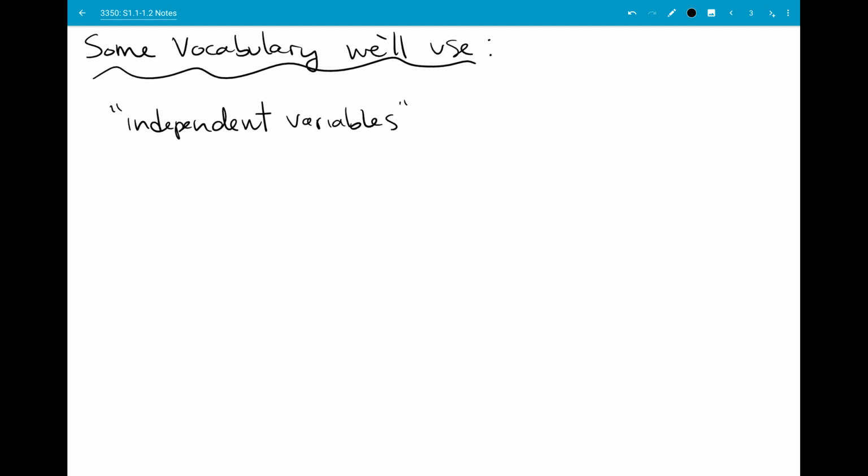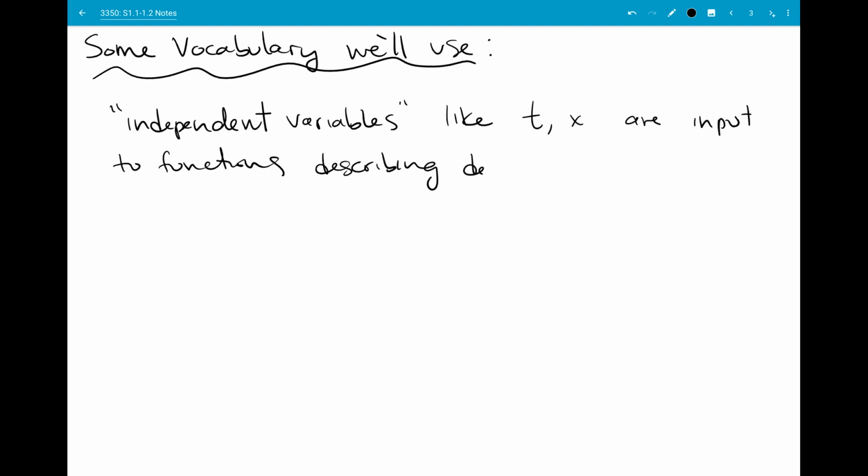Independent variables, things like t or x, are things that we input to functions, which describe dependent variables, like u or y.